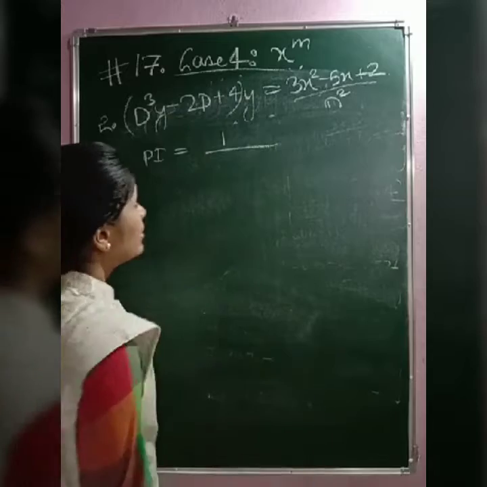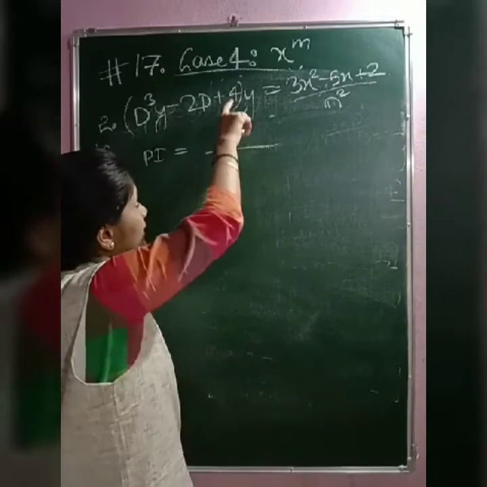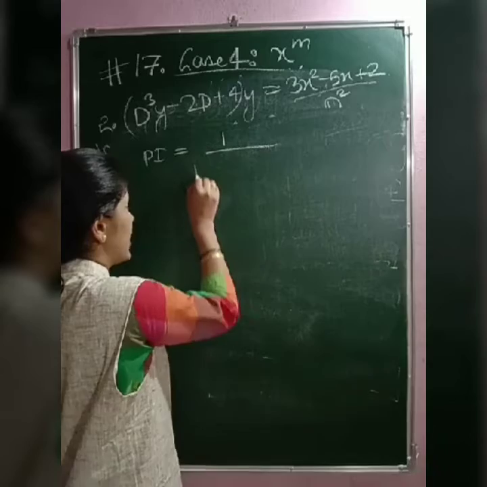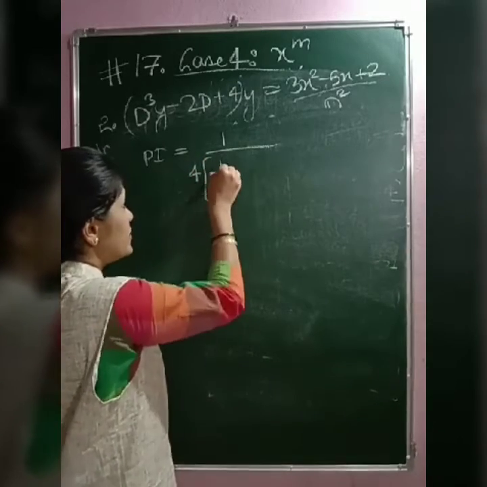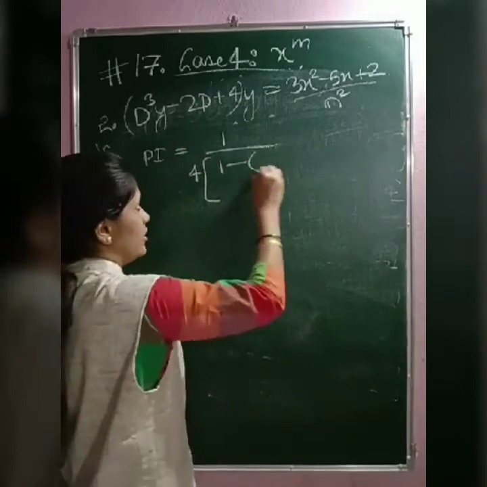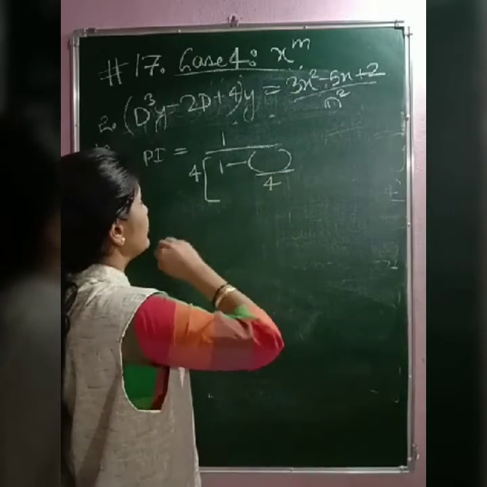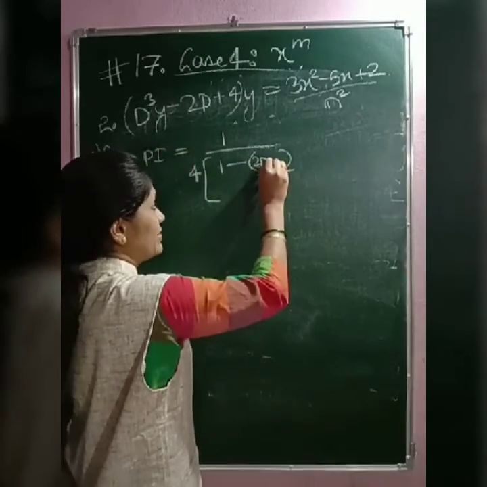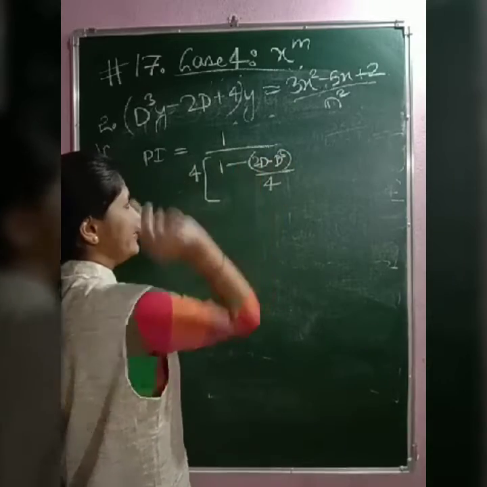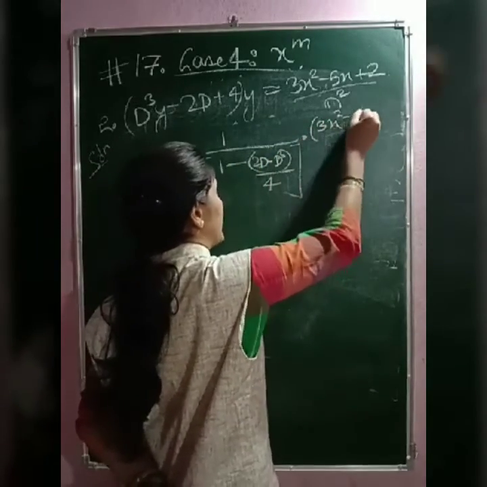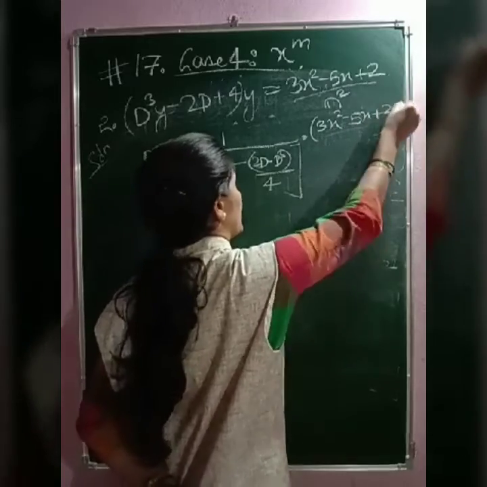We can write in ascending order: 4 minus 2D plus D cube. Taking 4 outside, this can be written as 1 minus, whole divided by 4, minus 2D plus D cube, so minus D cube, and now it is plus D cube, of 3x square minus 5x plus 2.